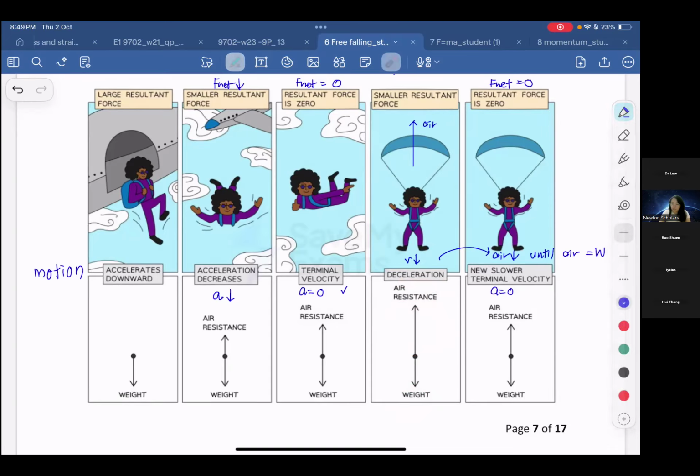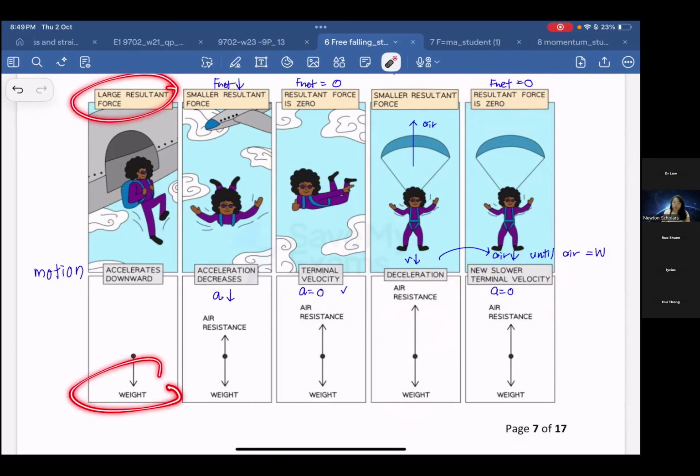Then again, what is the motion? Terminal velocity, because resultant force is 0. So in terms of force, explaining the motion. This diagram is important.